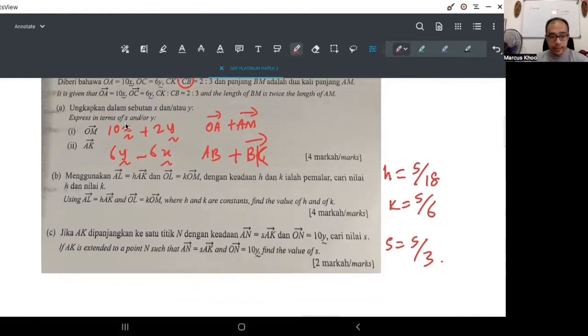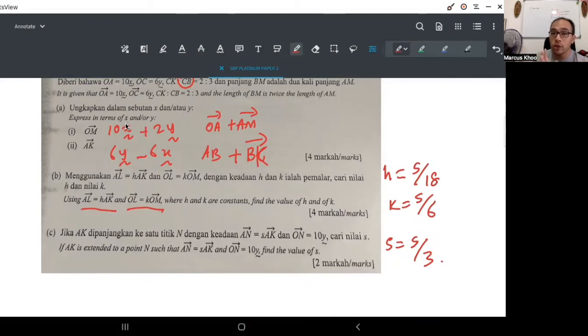Secondly, using AL and OL. Now when we do this question, there are only 2 situations. Number 1 is you have 2 of the same vectors, then you compare them. Number 2 is if you have 2 different vectors, for example, this one is AL and one is OL.